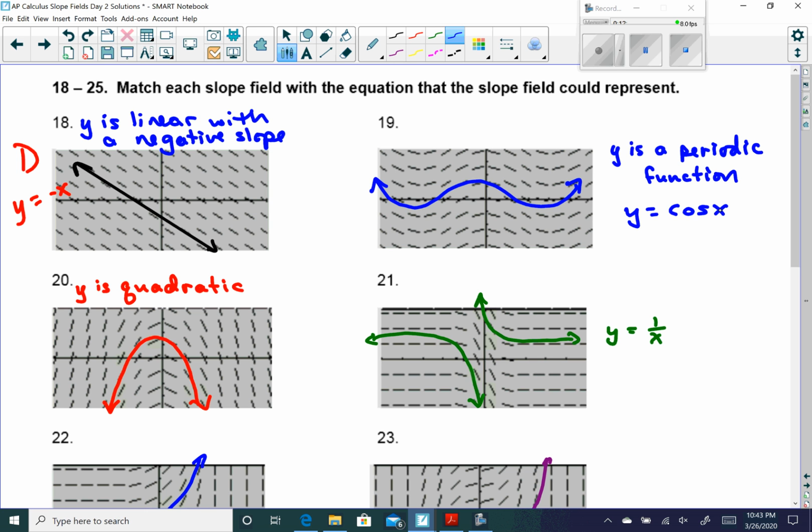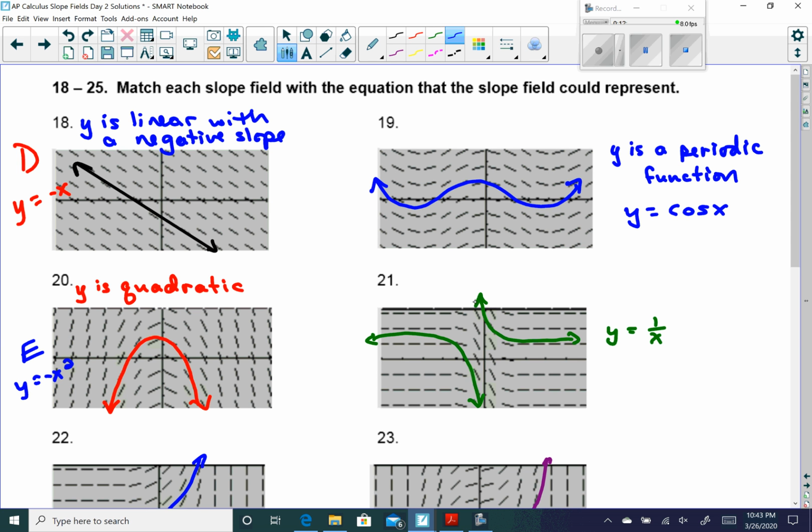All right, for number 20, it looks like y is quadratic. So if we go to look at our options, and we know this parabola opens down, so we're looking for a coefficient that's negative. In our choices, we only see one quadratic, which was E, and that's y equals negative x squared, and that's definitely one possibility there.